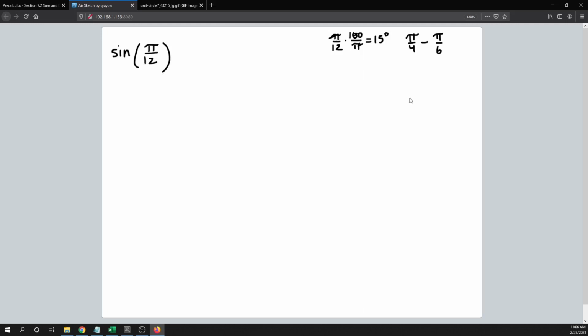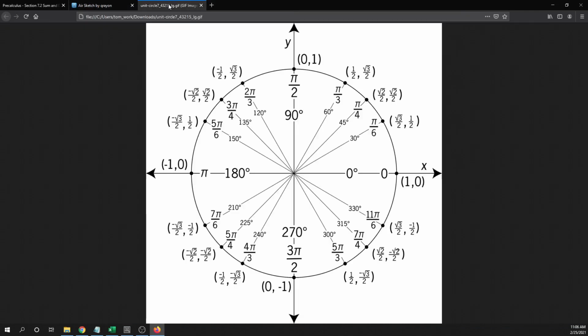And so thinking about it in that way, it might be easier to find two special angles, in other words, angles that are labeled on the unit circle, whose sum or difference is 15. And there are a lot of them. 45 minus 30 is sort of the first one; it comes out to be 15.